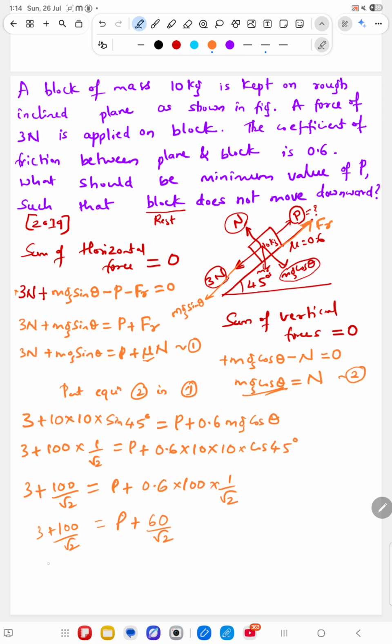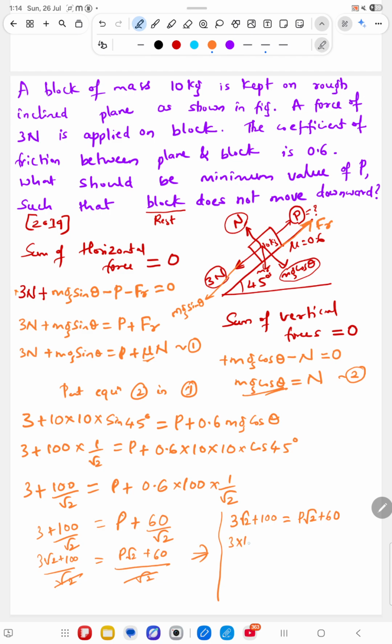Now I will take the LCM, root 2, so 3 root 2 plus 100 is equal to P root 2 plus 60 divided by root 2. This root 2 gets cancelled, and now 3 root 2 plus 100 is equal to P root 2 plus 60.